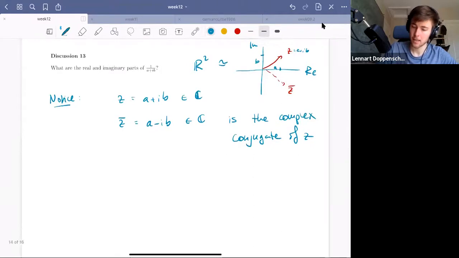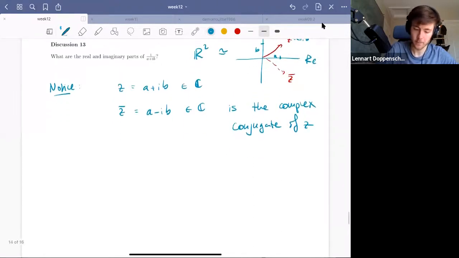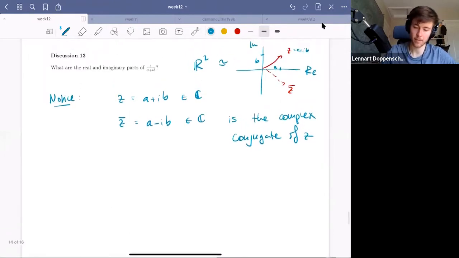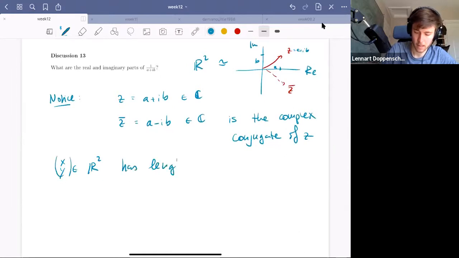And the nice thing is that there's a norm, or a length. The length of a vector in Euclidean geometry is just the square root of the entries squared. So xy in R2 has length the square root of x squared plus y squared.